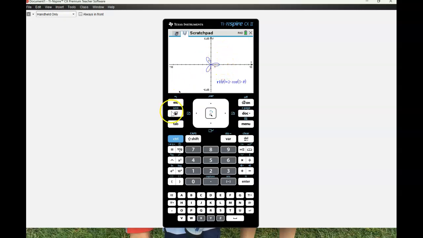Okay, so we could go back, and let's make it 6 cosine, and let's do 4 theta. Ooh, pretty. Okay, so you could also graph that way.